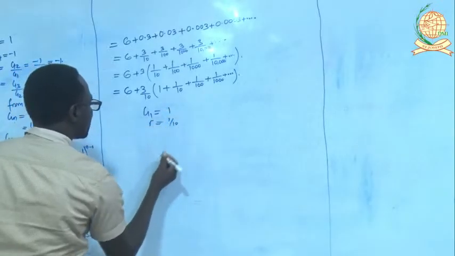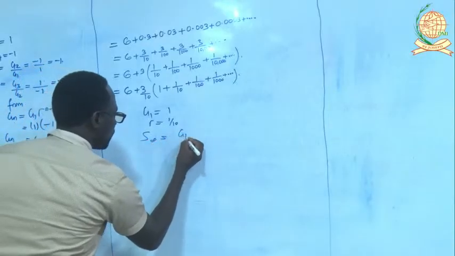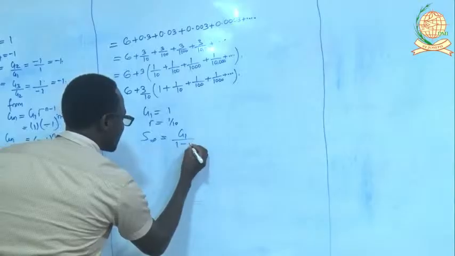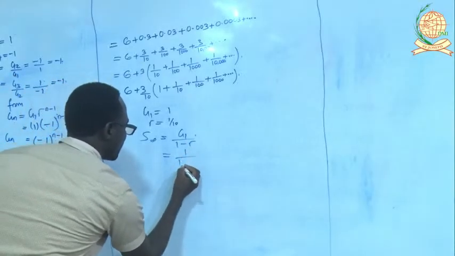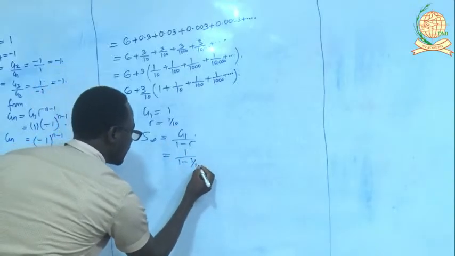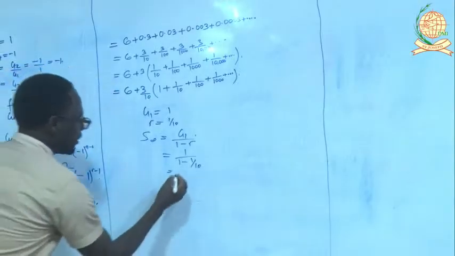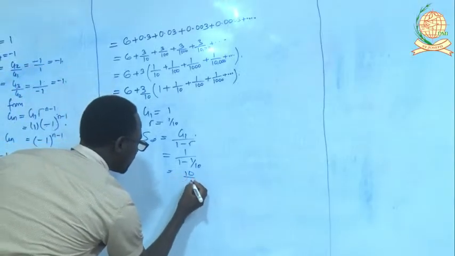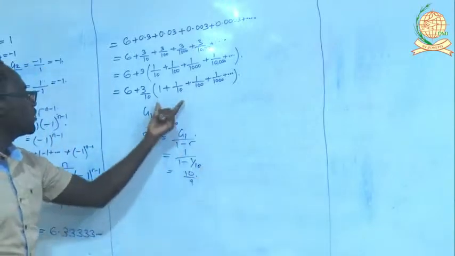The sum to infinity is given by G1 over 1 minus r. This is 1 over 1 minus 1 over 10. If we simplify this, you will get 10 over 9.